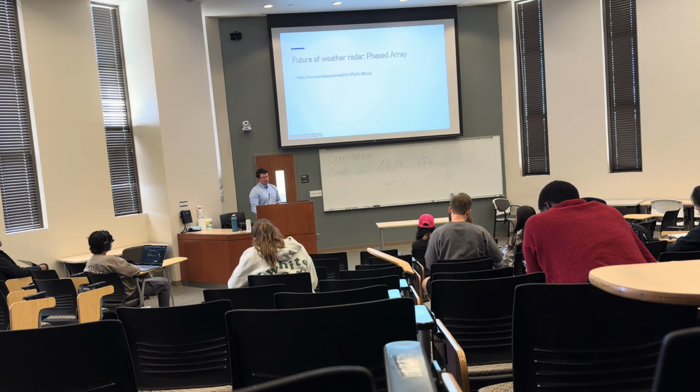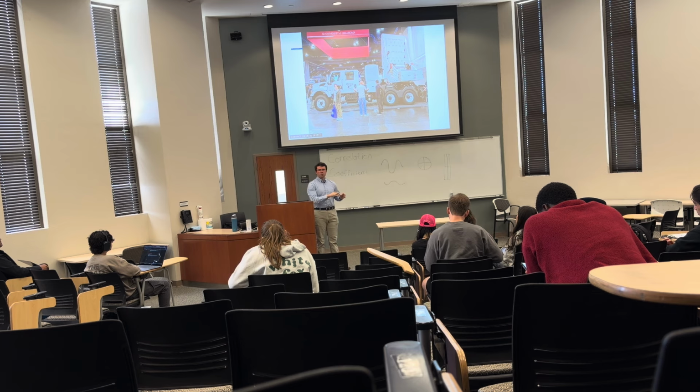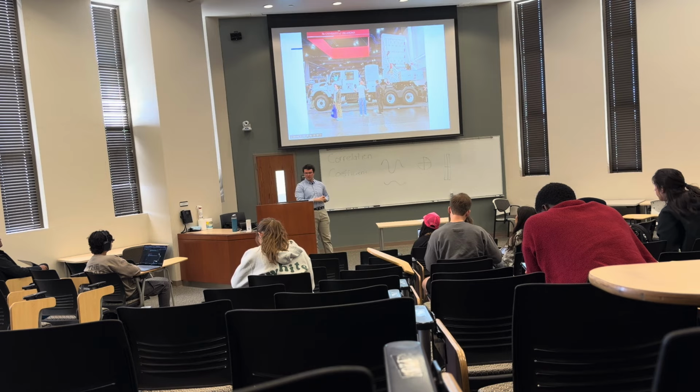And really briefly, I'm just going to skip the video for time purposes, but the new era of weather radar is going to be, or is called, phased array radar. Instead of having a dish that travels in circles, goes up in elevation, and goes in more circles, it'll be more of a flat sheet with a bunch of radar transmitters that can be pointed in any direction of interest.